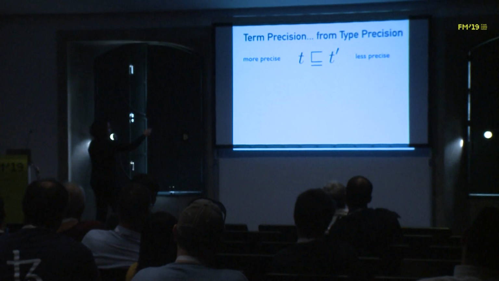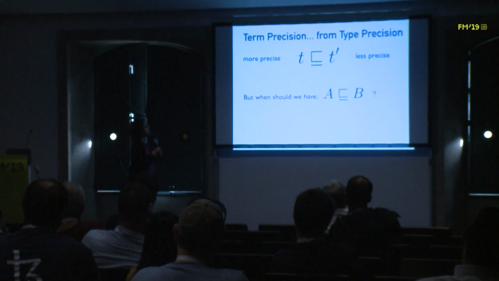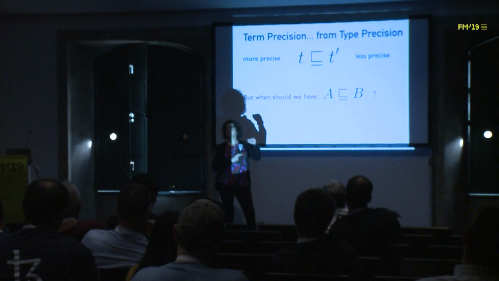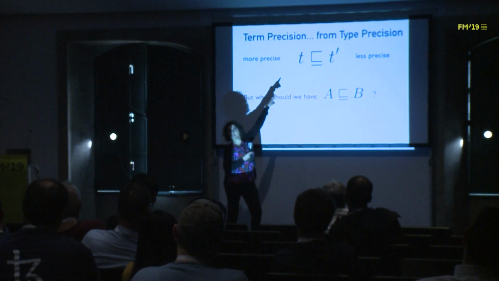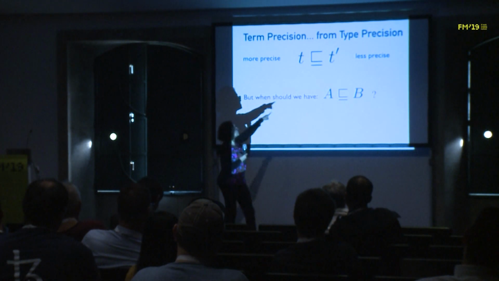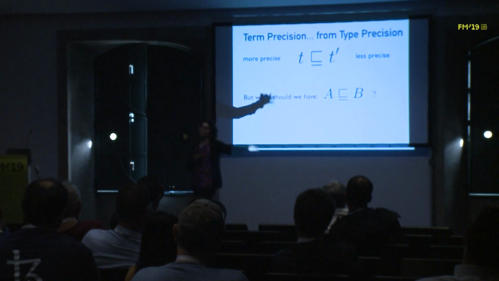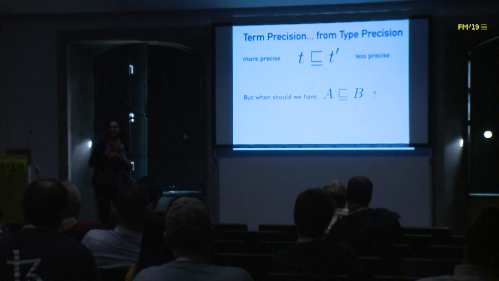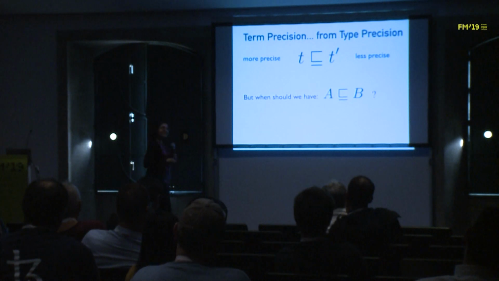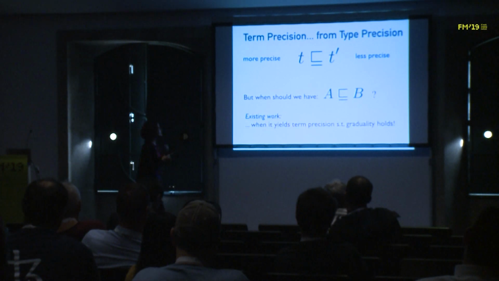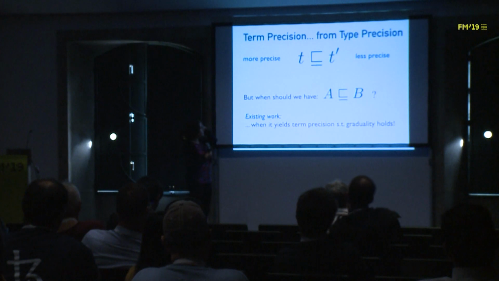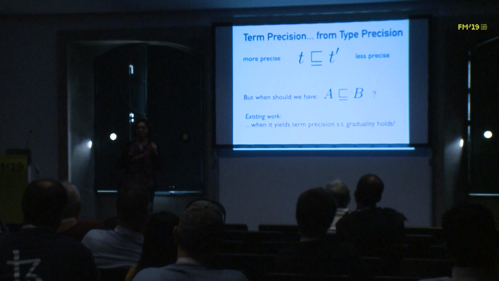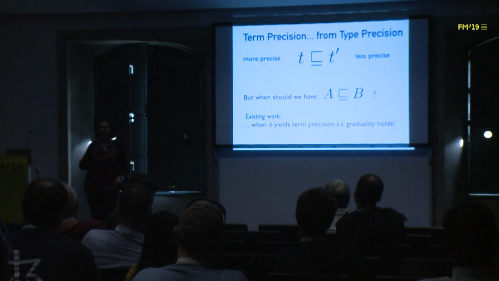Basically, we say T is more precise than T prime if the types in T are more precise than the types in T prime. So that judgment, or that set of rules, depends on another set of rules: when is a type A more precise than a type B? How do we come up with a set of rules that say when A is more precise than B? Well, essentially where we've been for the longest time is to say A should be more precise than B when it yields a term precision relation that satisfies the graduality property.